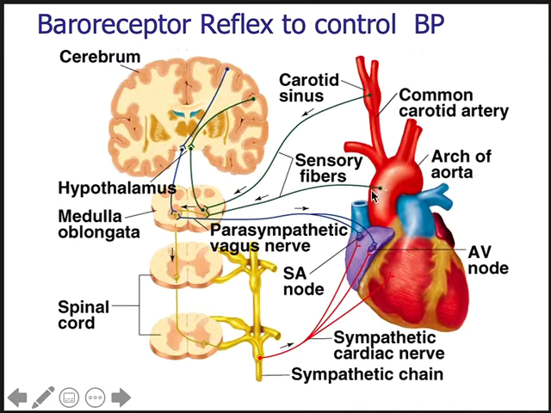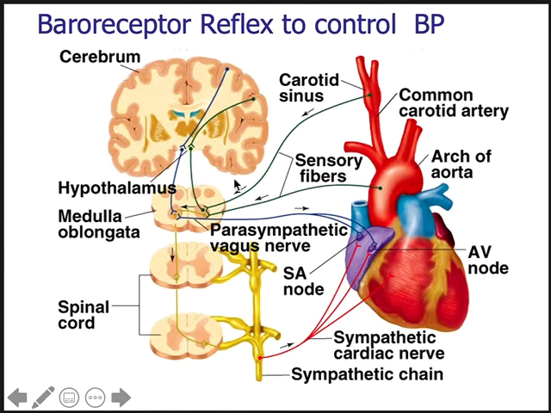When blood pressure increases, these tissues are going to be stretched, and that stretch is going to trigger these baroreceptors to fire action potentials more quickly. They're always firing action potentials and telling the medulla oblongata what the blood pressure is.